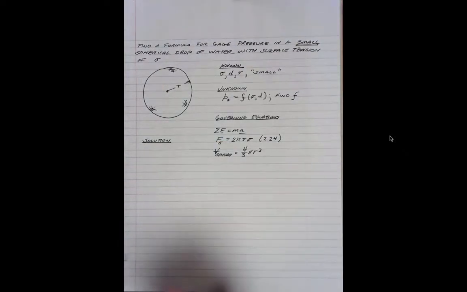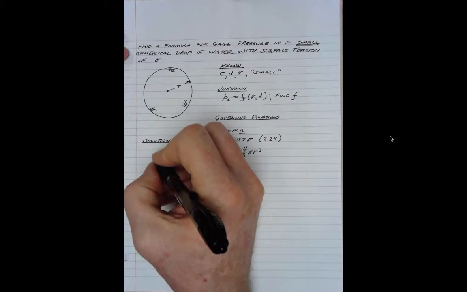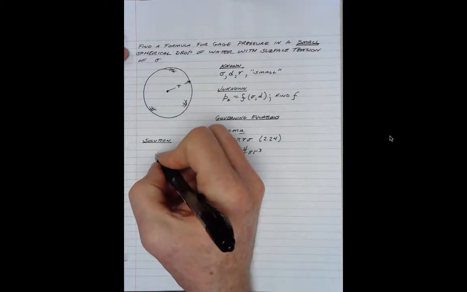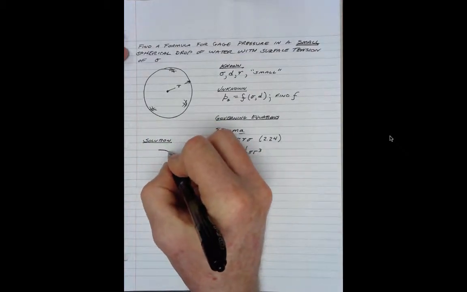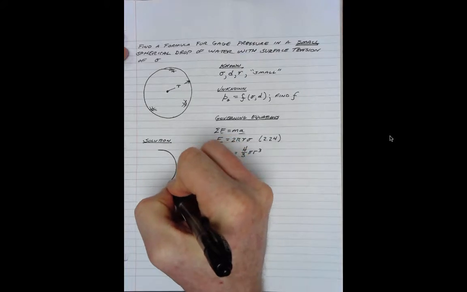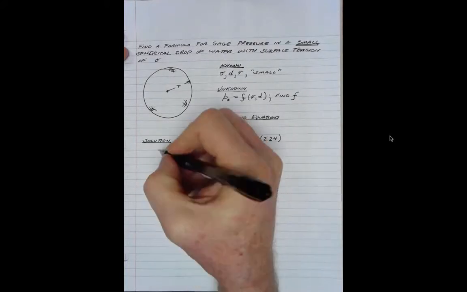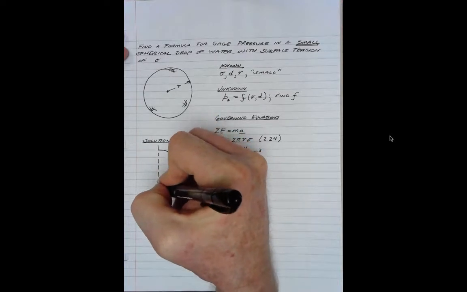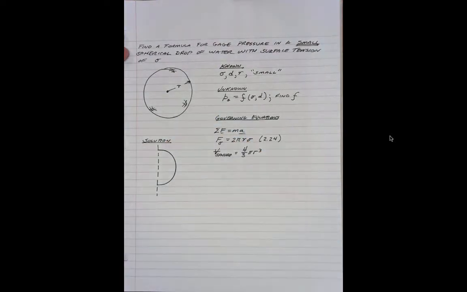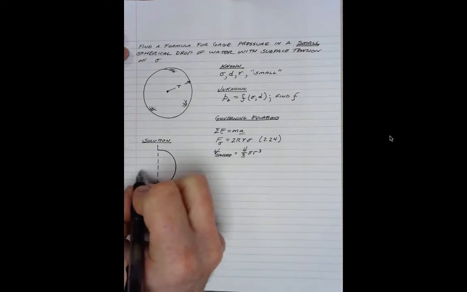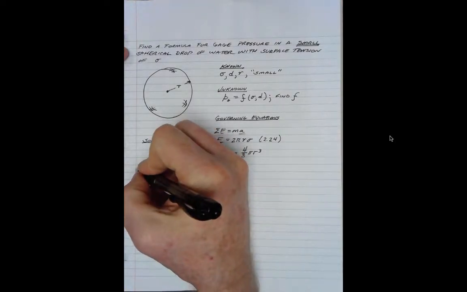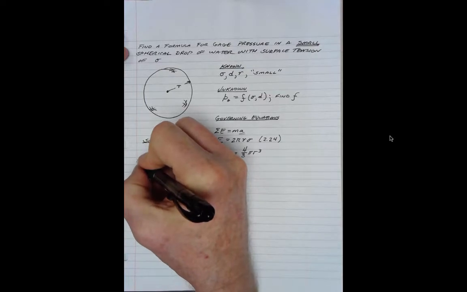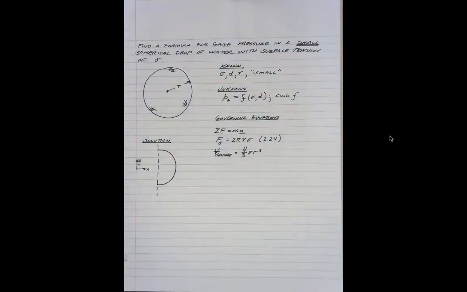We'll find that a particular free body diagram will come in handy. I'm going to cut that drop in half. So there's my drop sliced in half through the miracle of drawing. Introduce my coordinate system, x and y.